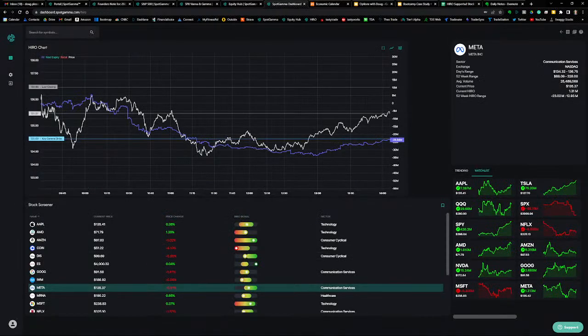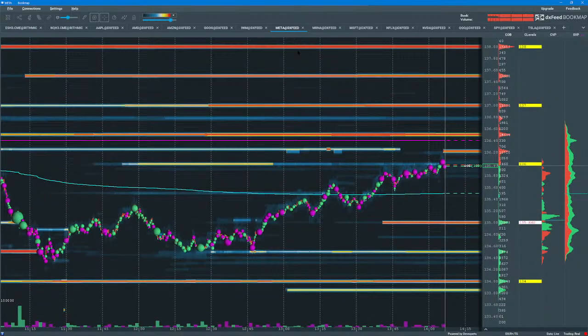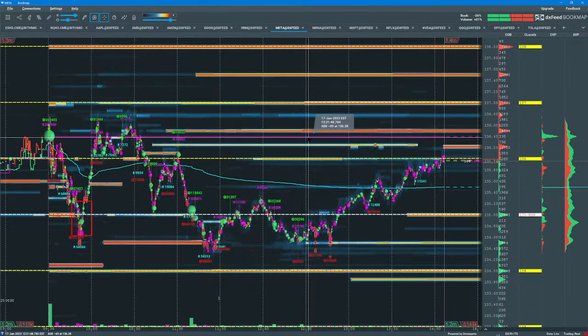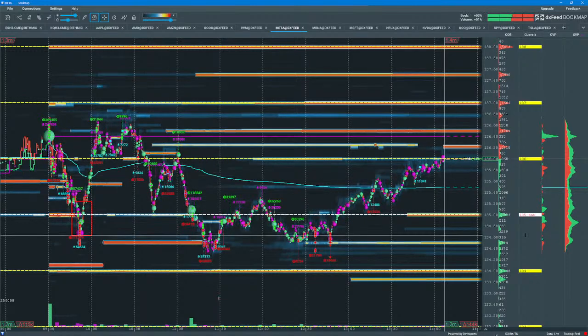Let's go take a look at Bookmap now. Not a lot of range in Bookmap today, but there's the reversal higher at the 135 key gamma strike.